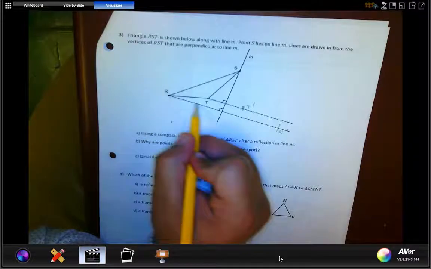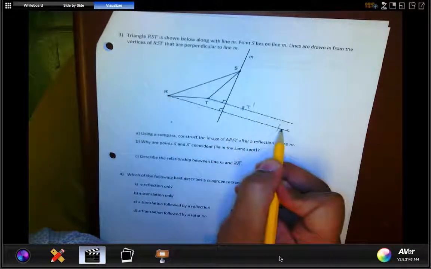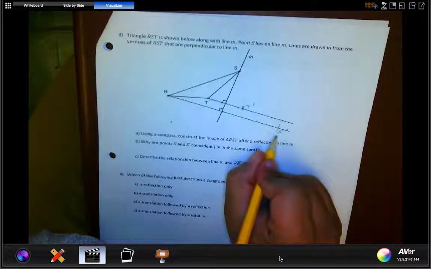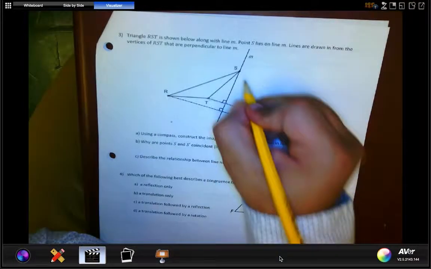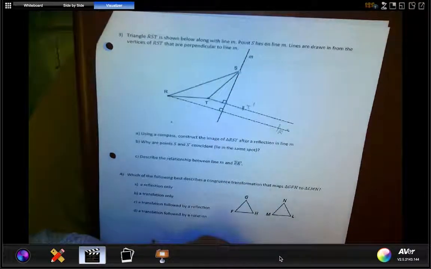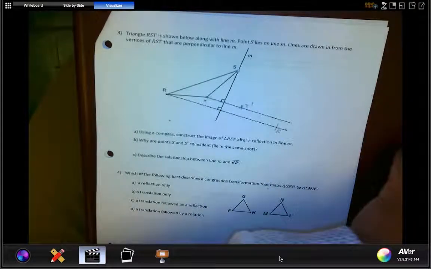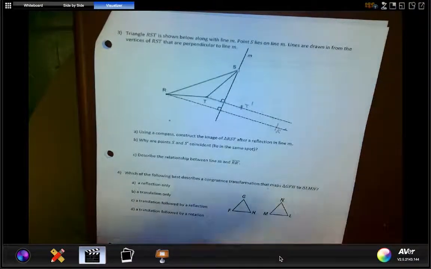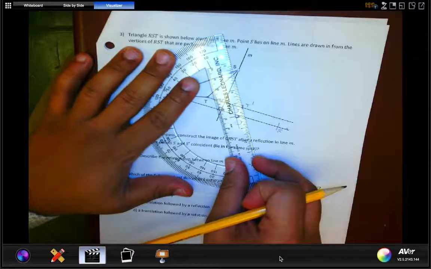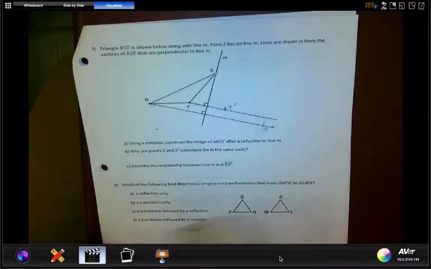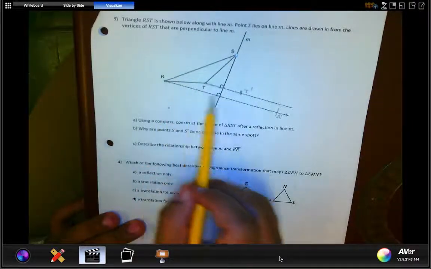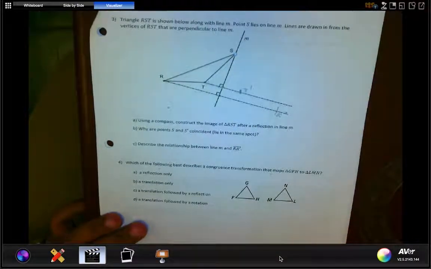The same distance that is here is the same distance that needs to be here. So this is called R prime. Okay? And S will stay in the same place. Why? Because S lies on the line of reflection. And now connect, and you should have your triangle. Now, you should remember how to construct the line of reflection.